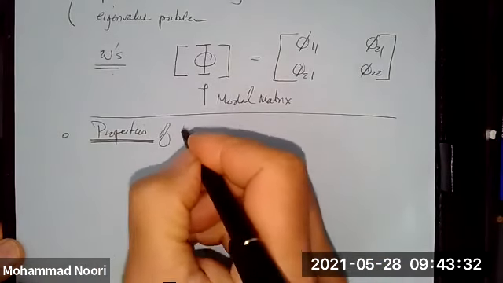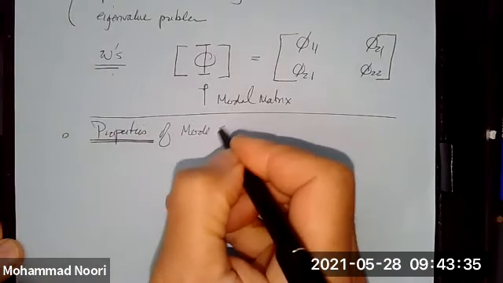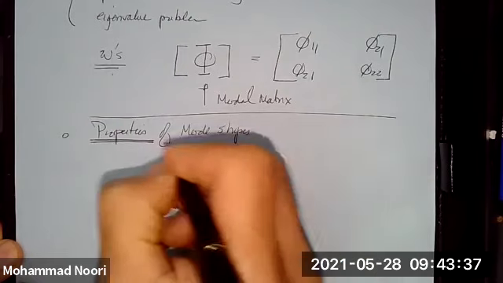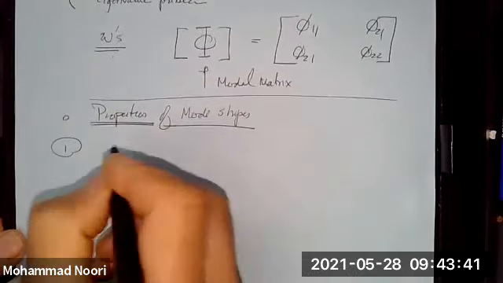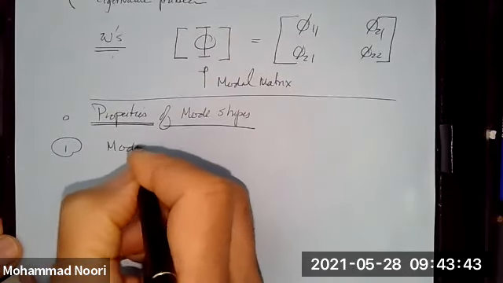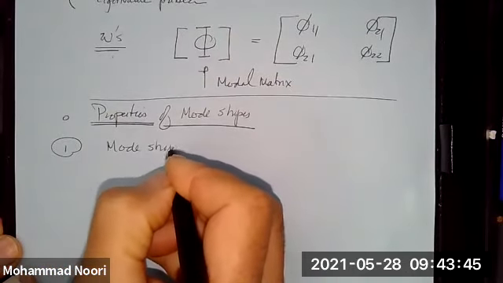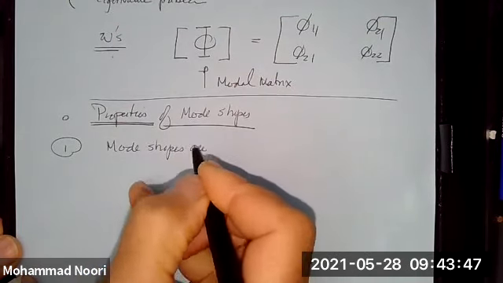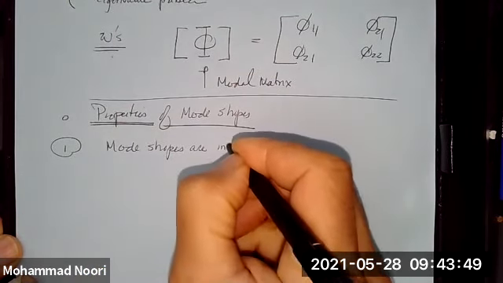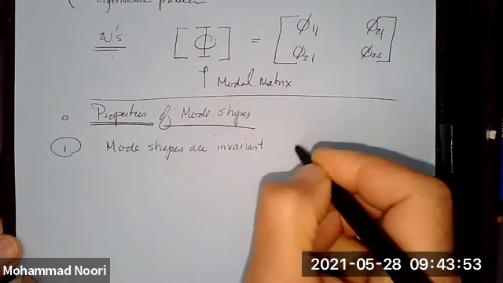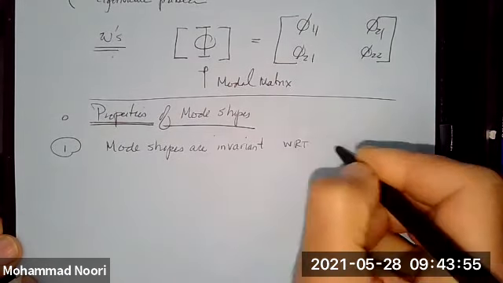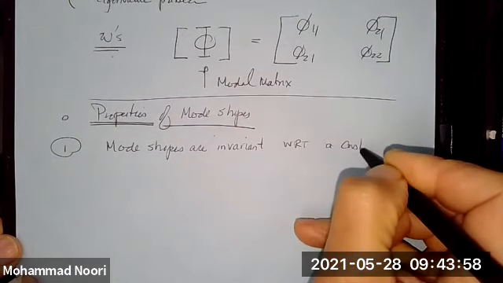So, properties of mode shapes. The first property is almost intuitive, and that is mode shapes are invariant with respect to a constant.